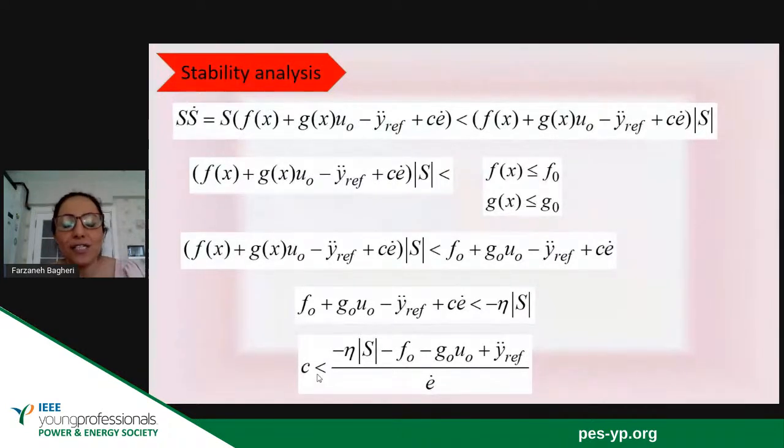You should satisfy this inequality in the sliding function, then the sliding mode will happen, and you can control your output.